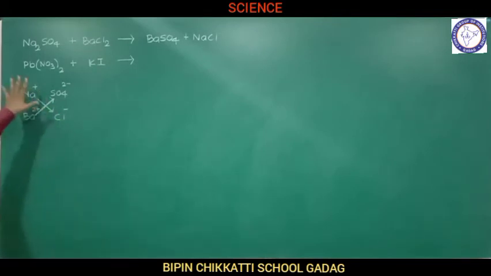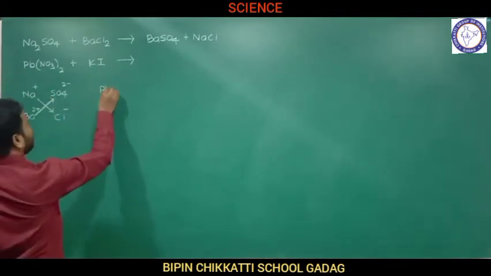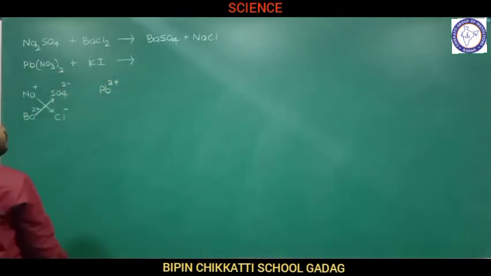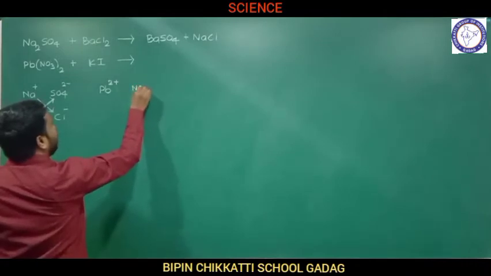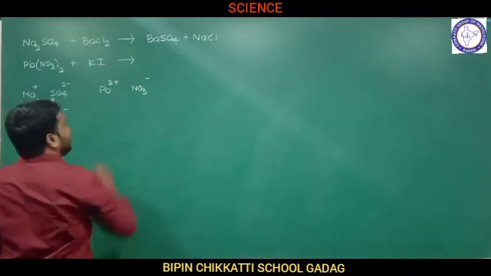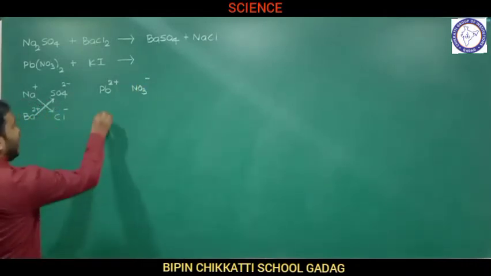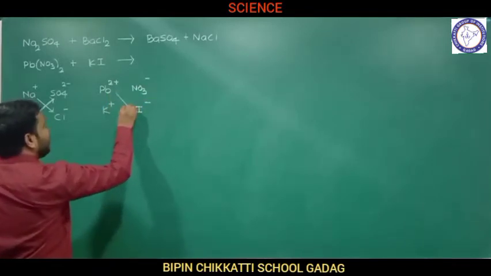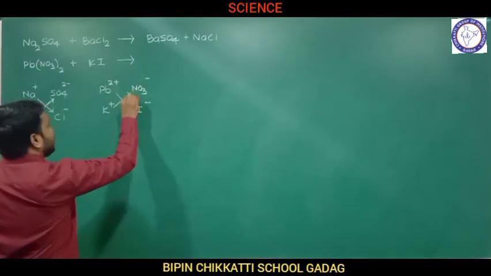I hope you can guess what the products would be in the second case. What is the cation and the anion? For the next one, Pb 2 plus, lead 2 plus, and the anion is NO3 minus, which is nitrate, and potassium iodide has K plus, and the anion is I minus. So exchange of ions takes place here.